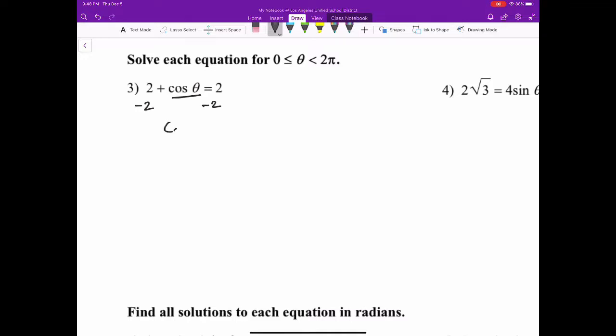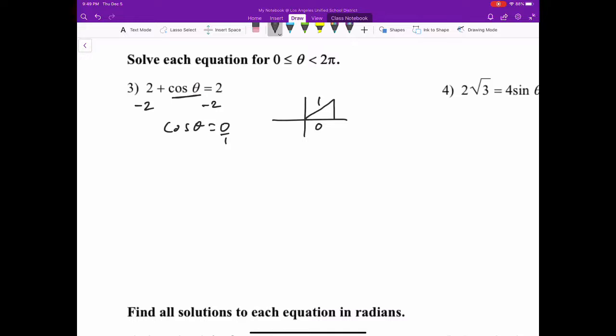Turns out cosine of theta is equal to 0. Now, cosine of 0: my adjacent is 0, and my hypotenuse is 1.